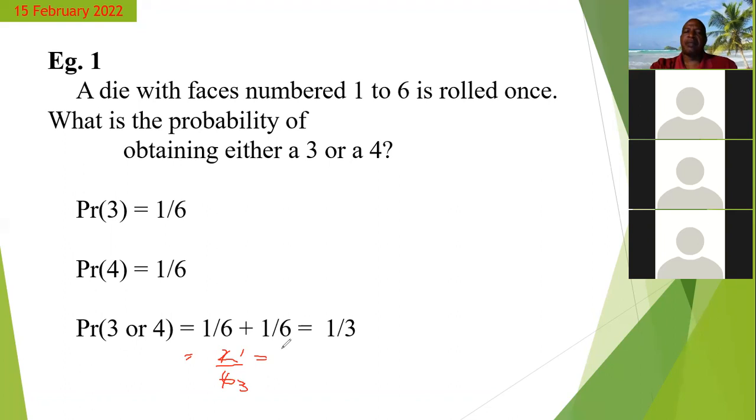Then the probability becomes 1 over 3. All right, guys? Any question about this? When we're looking at a mutually exclusive event, you have to look for the keyword "or". So the probability of one or the other, where both of them cannot happen at the same time. We call them mutually exclusive events.